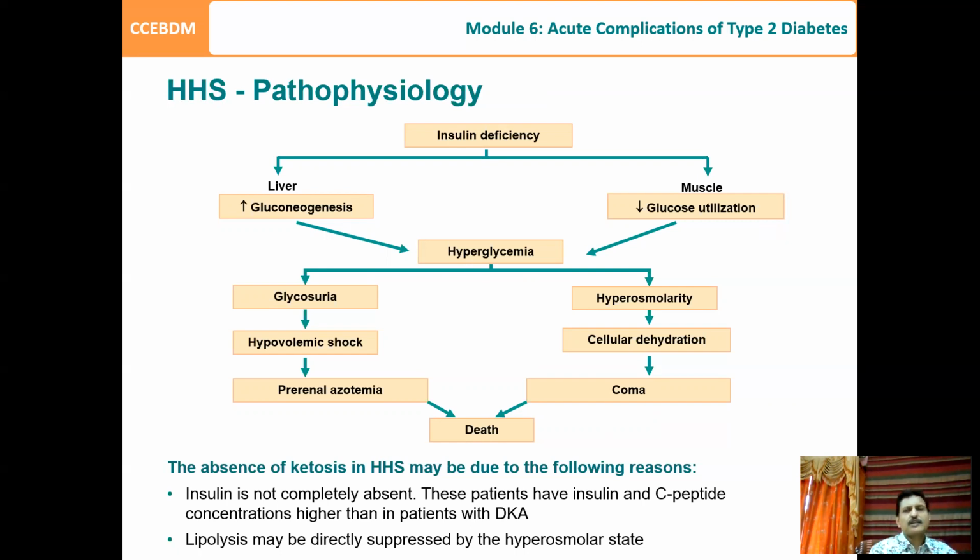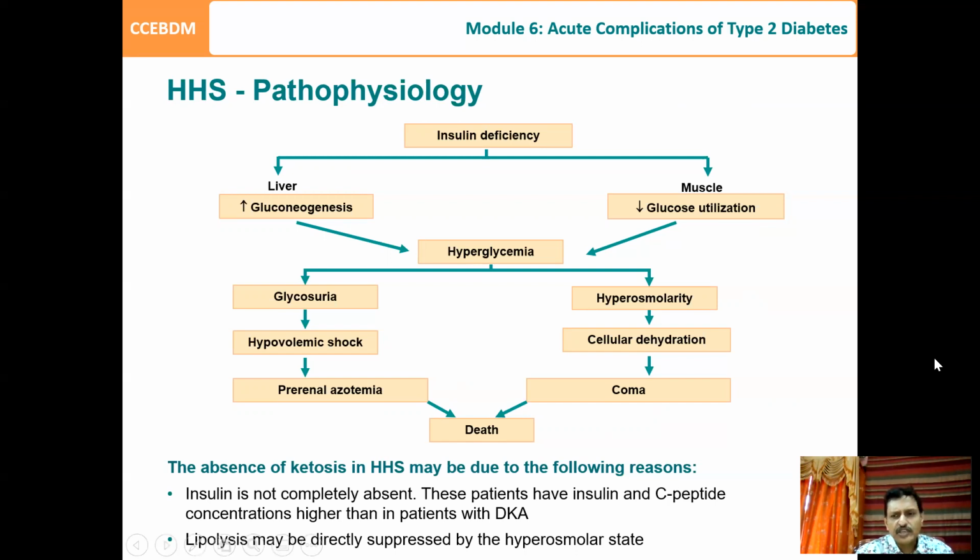So this occurs mostly because of not taking adequate fluid, which is precipitated by some infection, or sometimes some other acute insult, say for example cerebrovascular accident, which we commonly see among our elderly subjects.